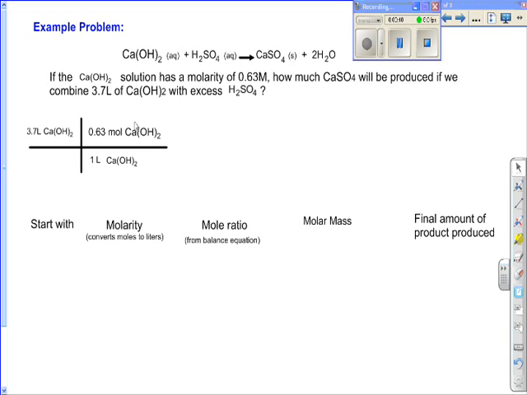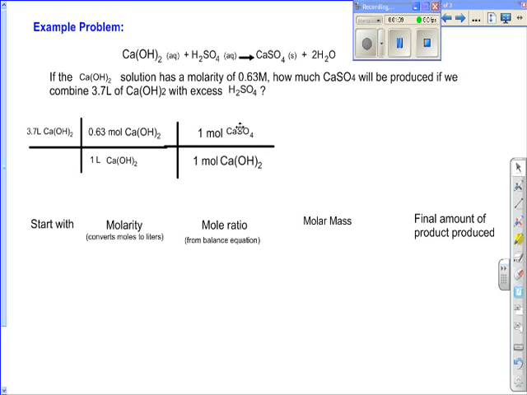Now that we have moles of calcium hydroxide, we're going to use the mole ratio to convert it to the calcium sulfate. Extend my line. And again, looking at the balanced equation, the calcium sulfate and calcium hydroxide have a 1-to-1 ratio, making sure that the calcium hydroxide is on bottom so our units cancel out.